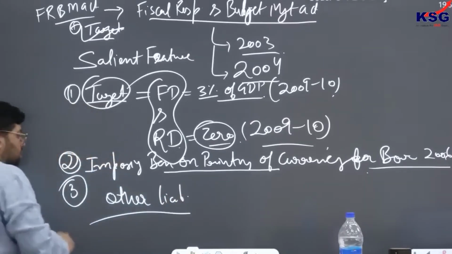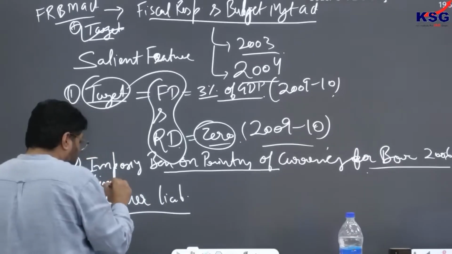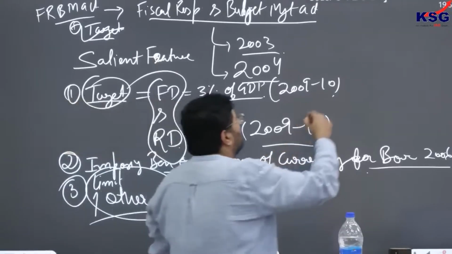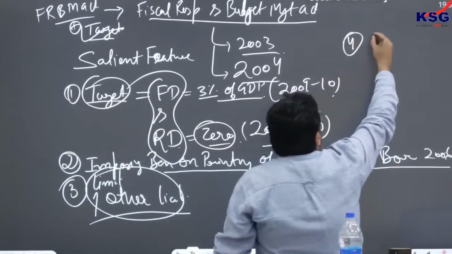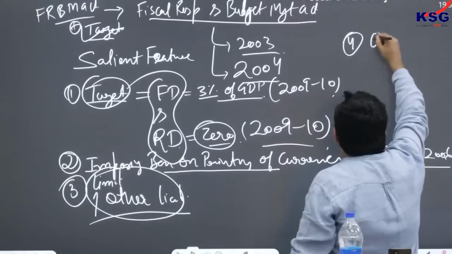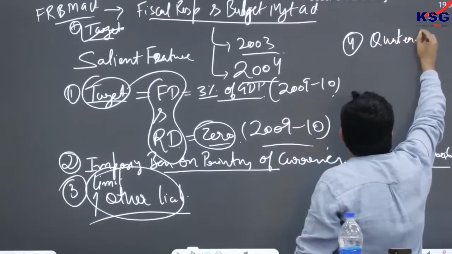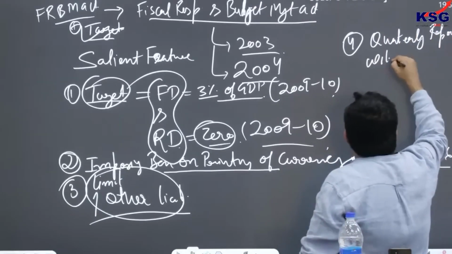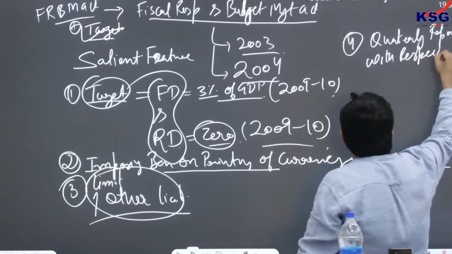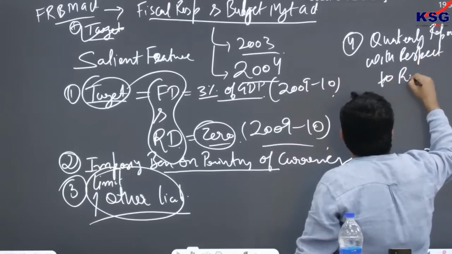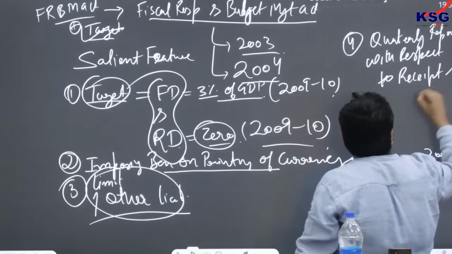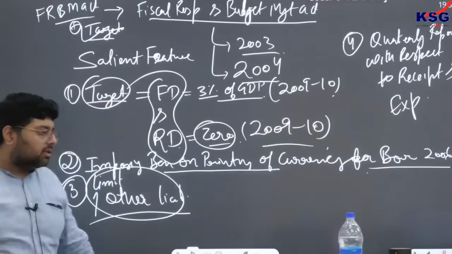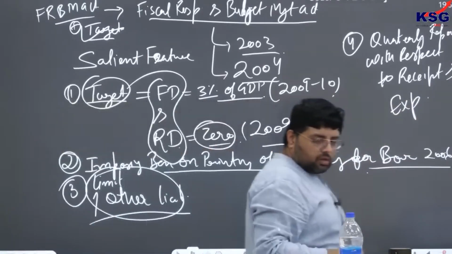It imposes a limit on how much other central liabilities the government can take. Number 4, the government has to submit a quarterly report with respect to receipts and expenditure. So this again you have to remember. Clear?